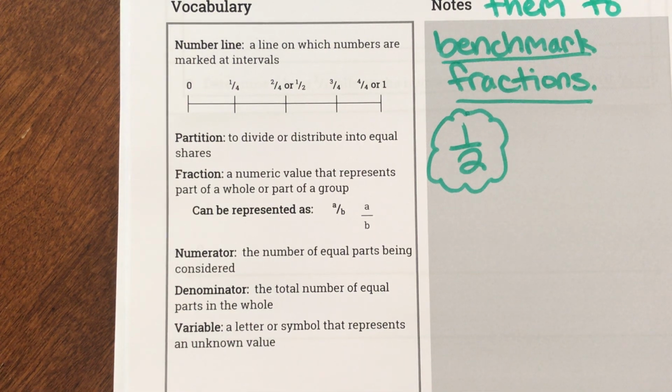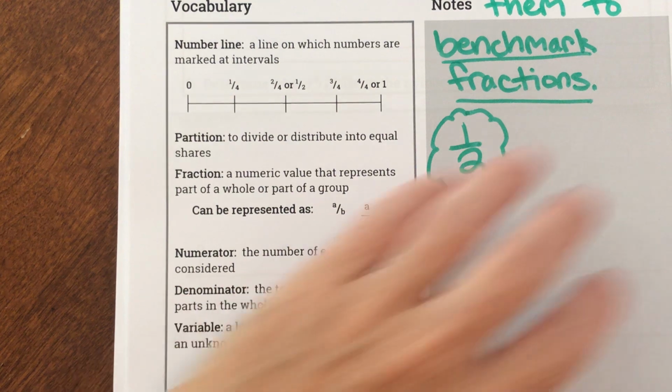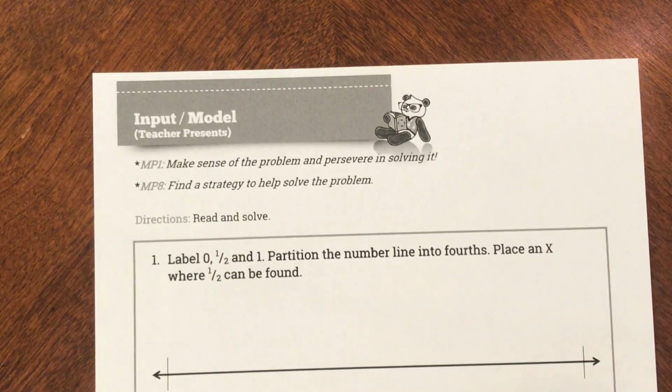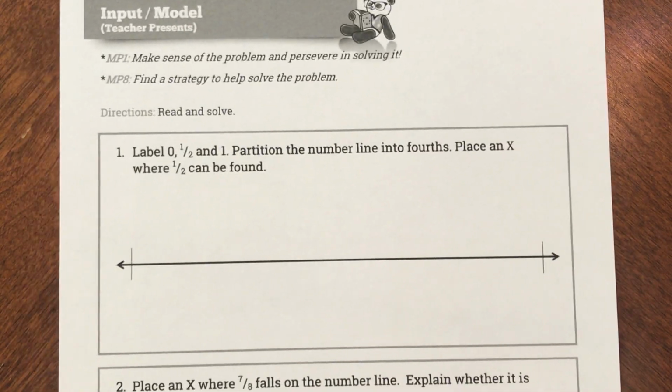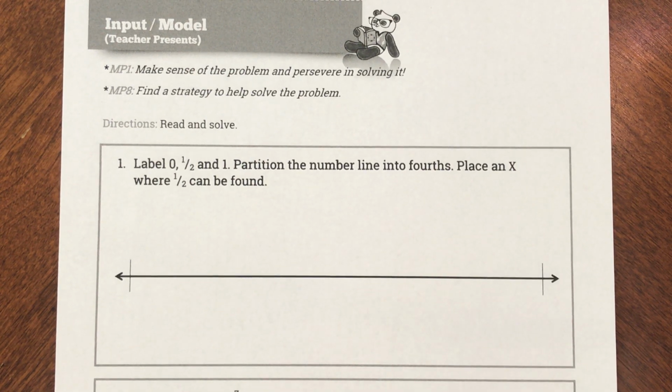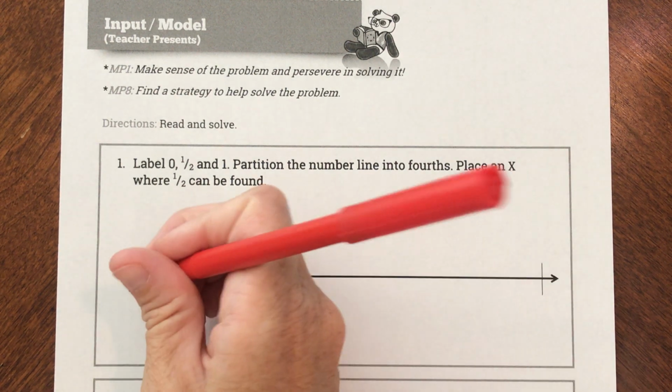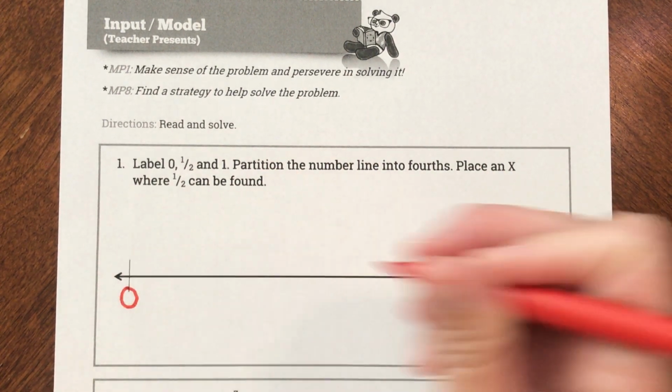Okay, so here is my first problem, and my first problem says label 0, 1/2, and 1. Okay, so I'm going to first do that. So here is 0.